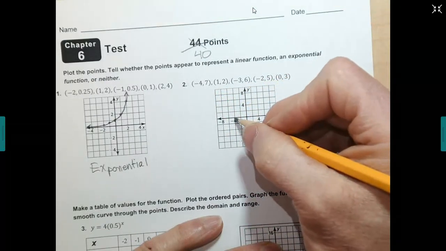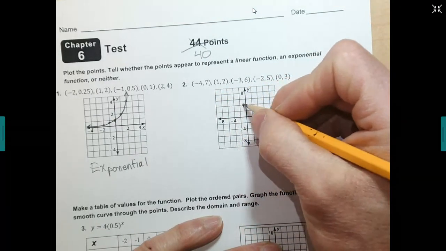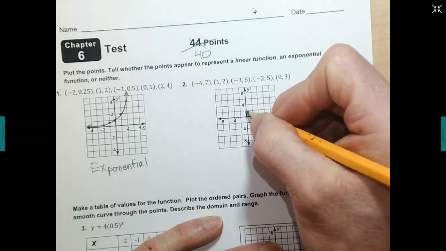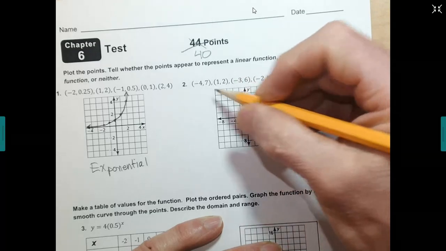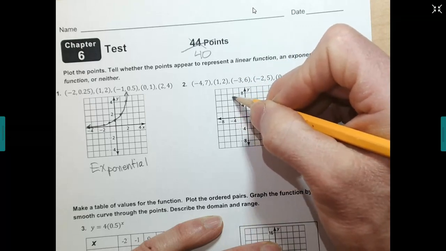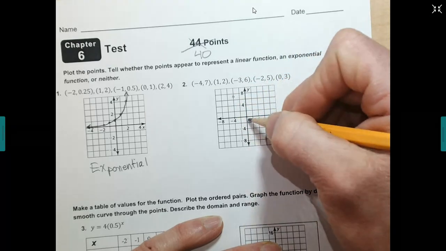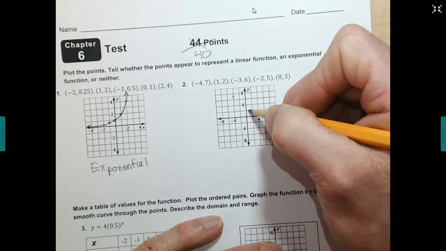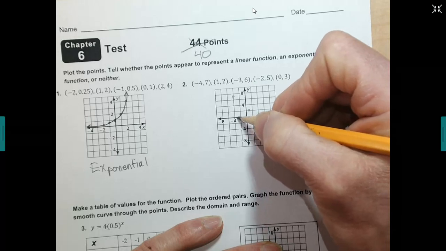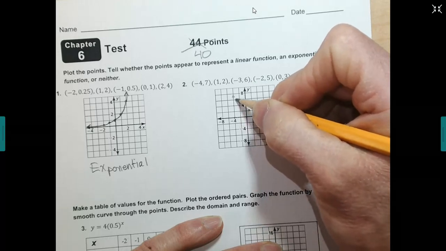All right, let's check out this next one. These are going by twos: 2, 4, 6, 8. I've got positive 1, 2. I've got negative 3, 6.